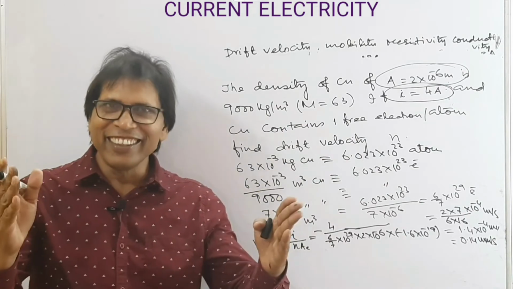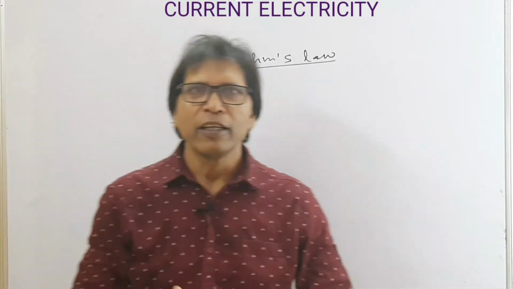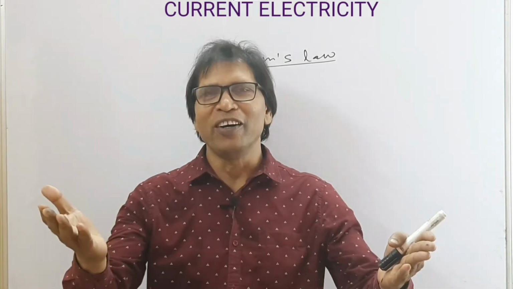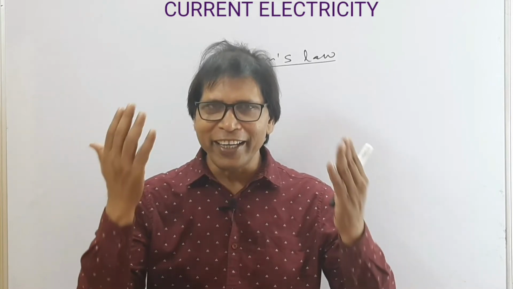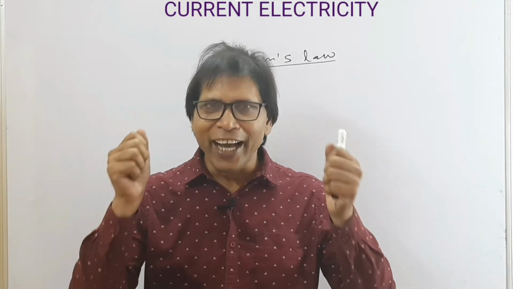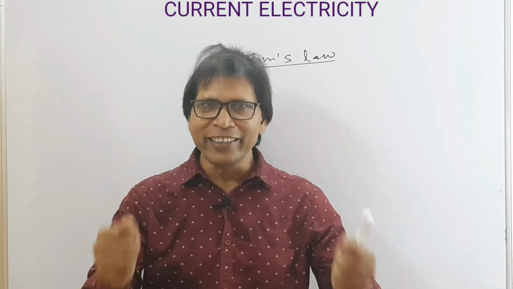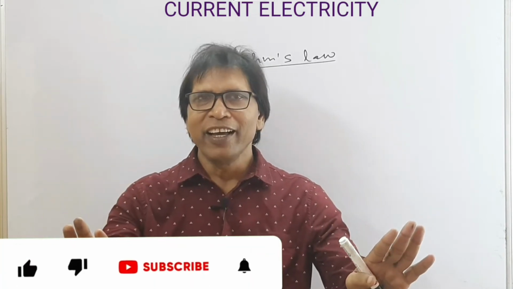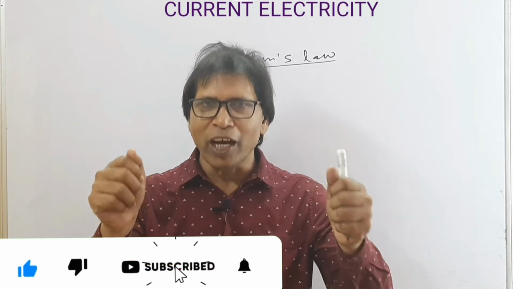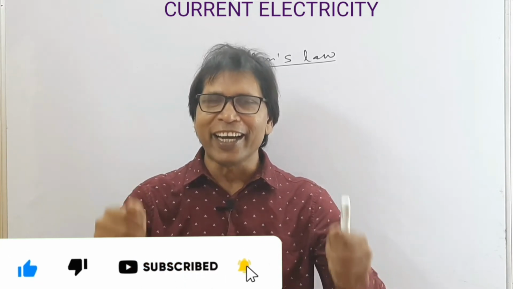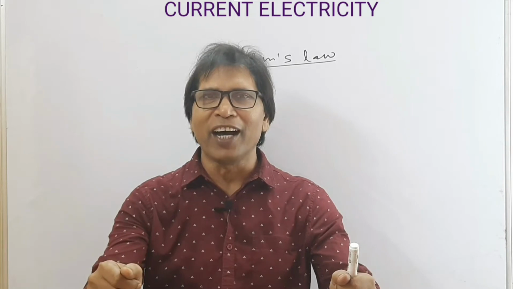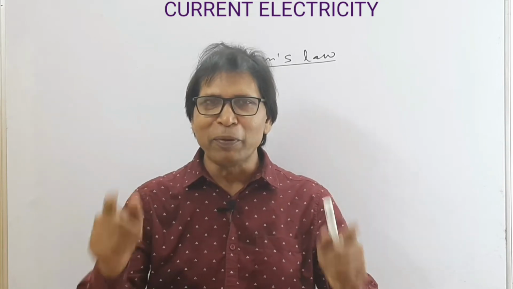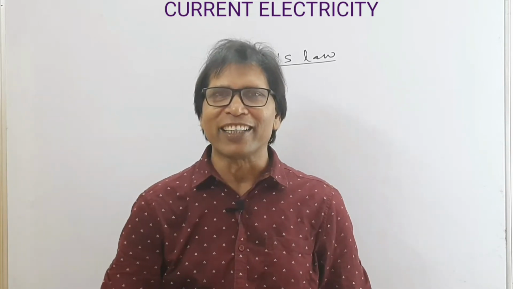Okay, understood? Now next. Now Ohm's law. If material, temperature and other physical conditions of a conductor are fixed, then current flow through the conductor is directly proportional to the potential difference across the conductor.